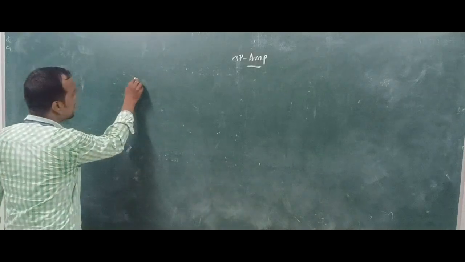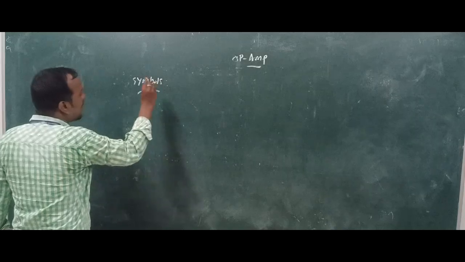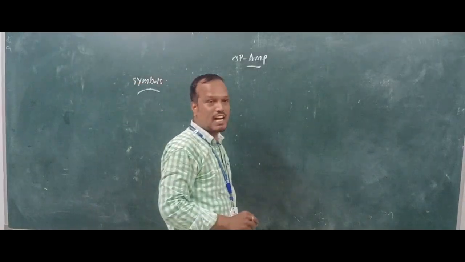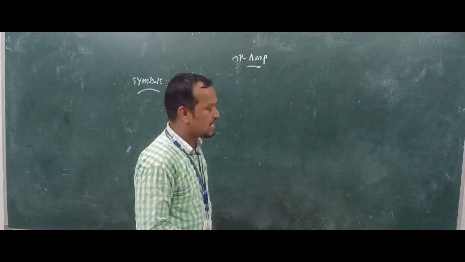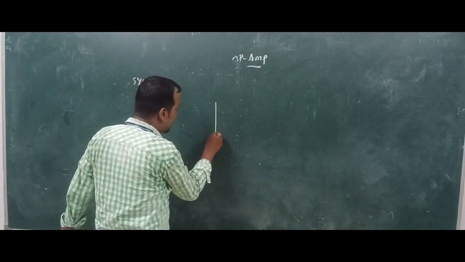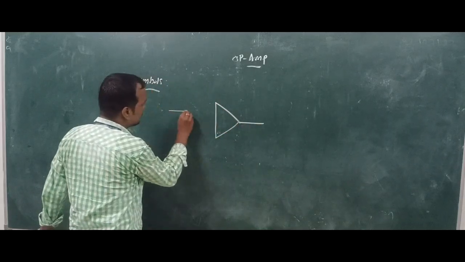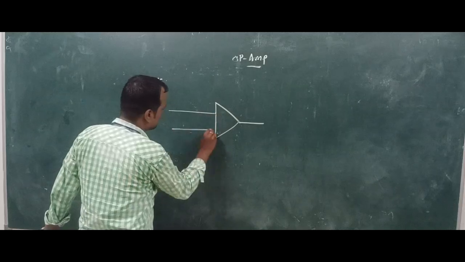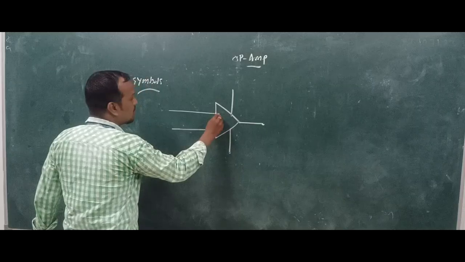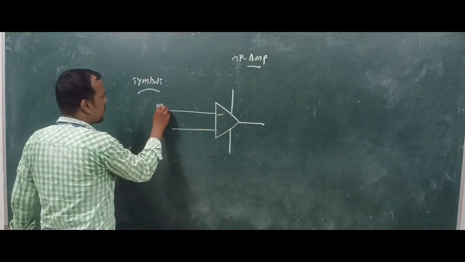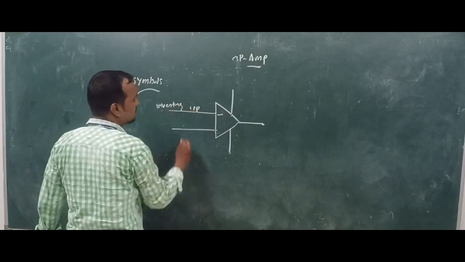Then coming to the next topic, symbol. As we know, every electronic device has a particular symbol as per their abbreviation or their significance. Like that, the op-amp has 5 terminals. The first is the inverting terminal, or inverting input.